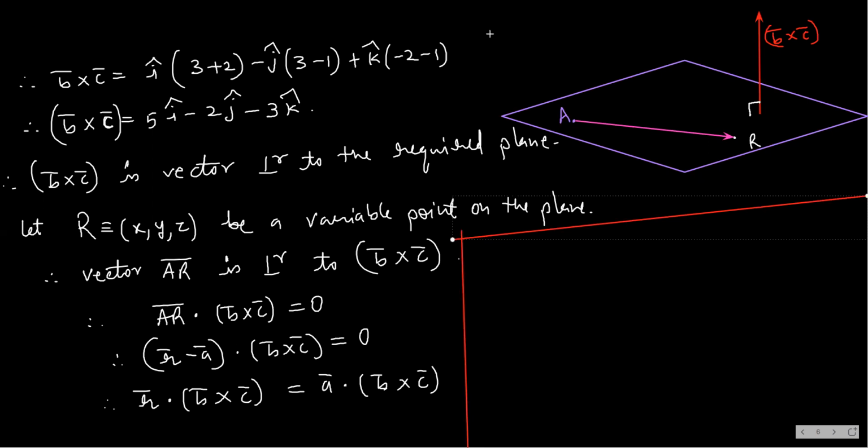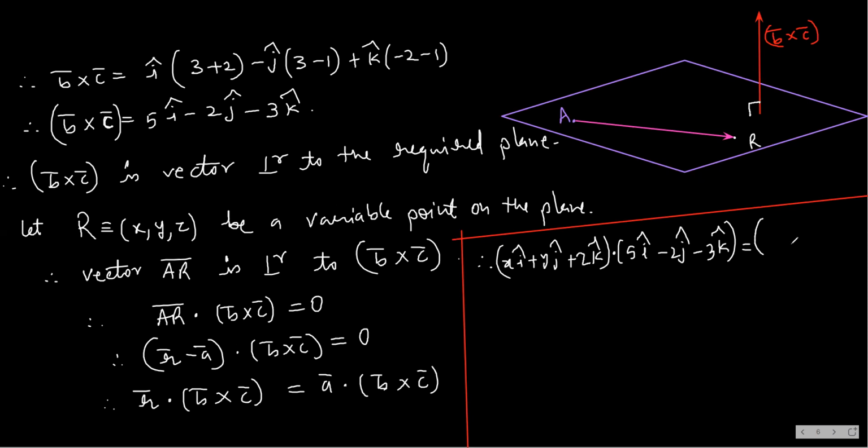What are you going to get now? Therefore, R bar is x i cap plus y j cap plus z k cap, dotted with b bar cross c bar, which you just found, 5 i cap minus 2 j cap minus 3 k cap, equals A bar dot b bar cross c bar.